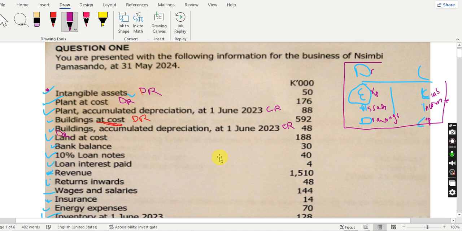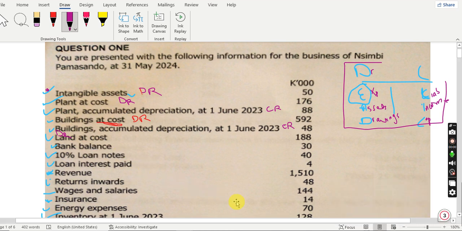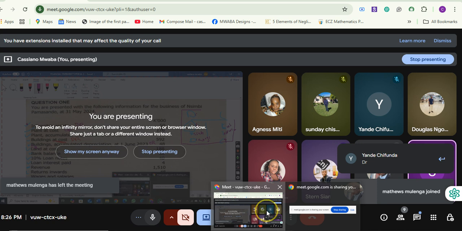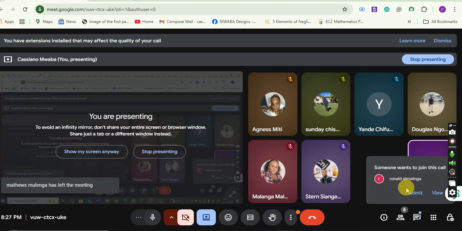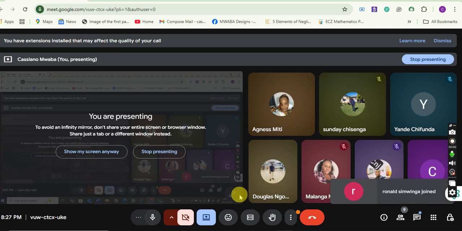That's what's going on there. Okay, bank balance. Debit. Yes, debit.